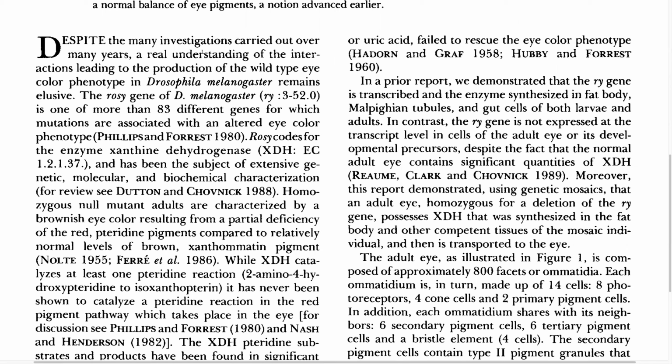Despite many investigations, the real understanding of the production of eye color pigments remains elusive. The Rosy gene of Drosophila melanogaster is one of more than 83 different genes for which mutations are associated with an altered eye color. So you and your classmates are looking at lots of different genes related to building up the eye pigment molecules.